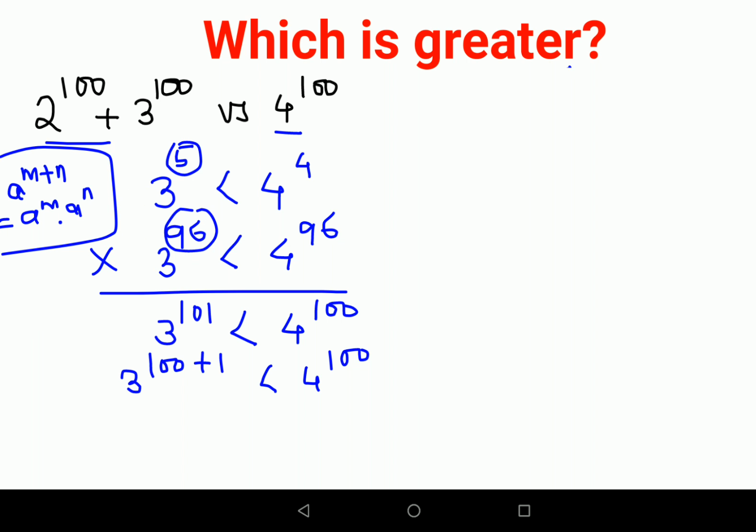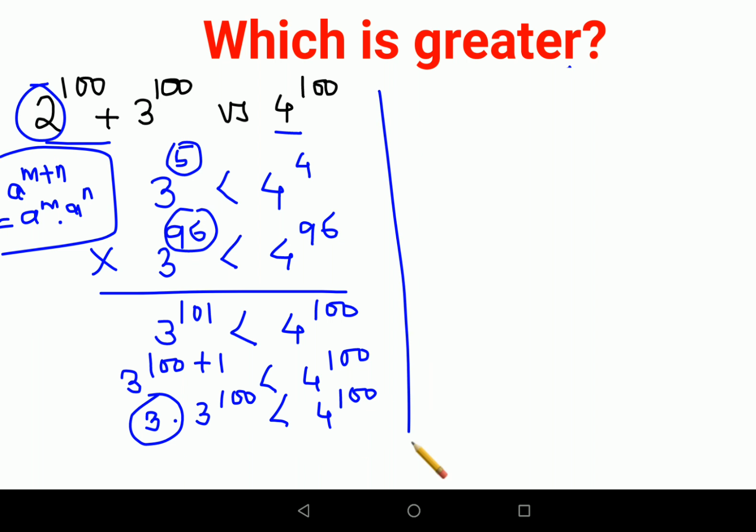So this can be written as 3 raised to 1 into 3 raised to 100, which is still smaller than 4 raised to 100. Now let's write this 3 in terms of 2. I can write this as 2 plus 1 into 3 raised to 100, which is still smaller than 4 raised to 100.